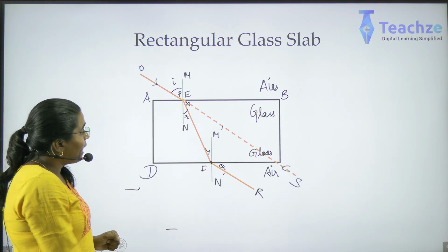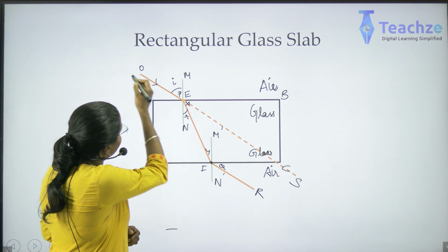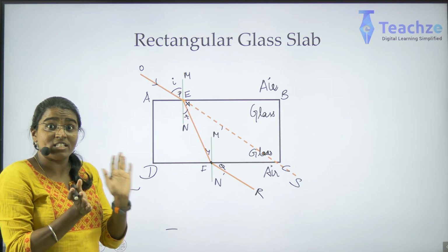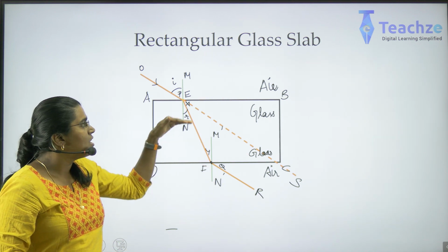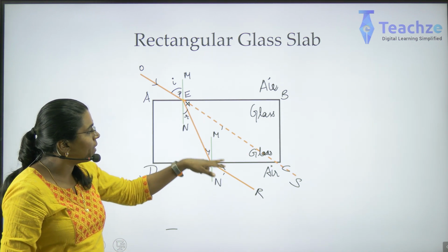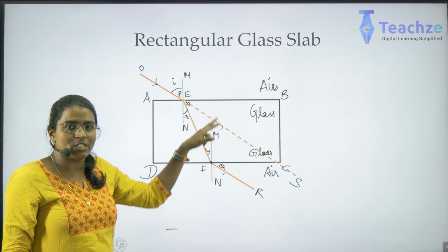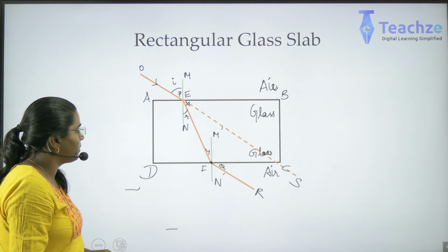Okay, and you can see that this QR and OP are also at the same inclination. It will come out the same. Again, the reason for this same inclination is because the two opposite sides are parallel to each other.